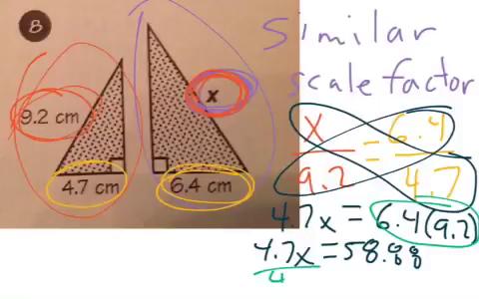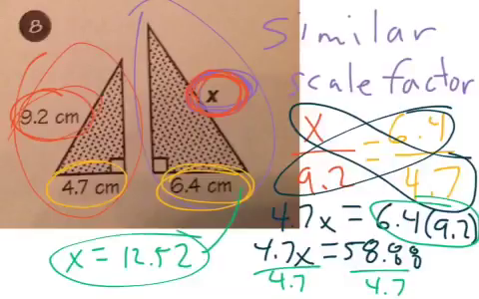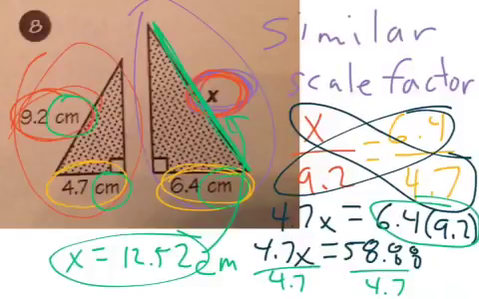And hopefully you agree I'm now going to divide by 4.7. Yes, I'm doing this with a calculator just like you should. And I now know that x is 12.52. That means the missing side, this hypotenuse for the bigger right triangle, is 12.52 centimeters. Notice the units are centimeters.